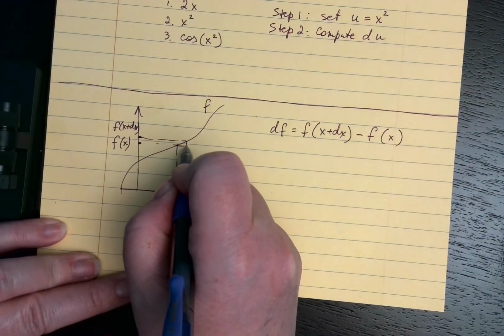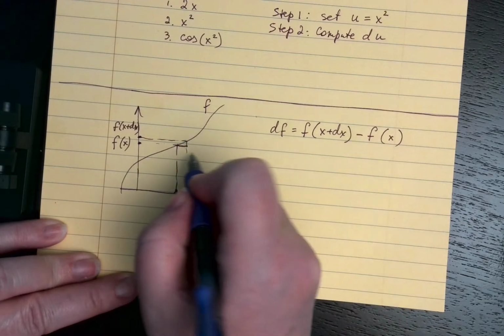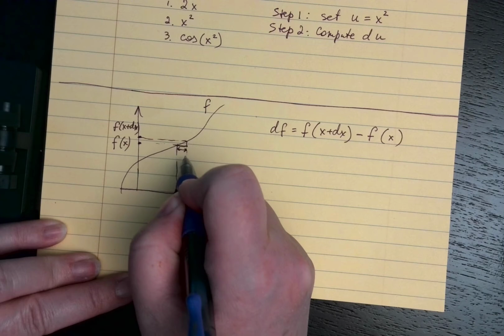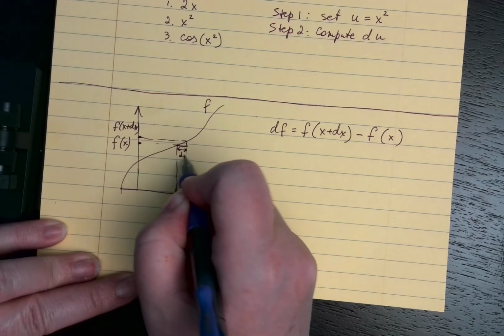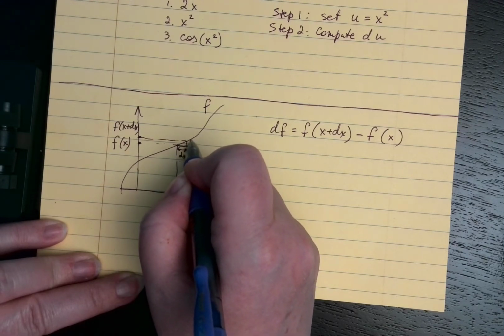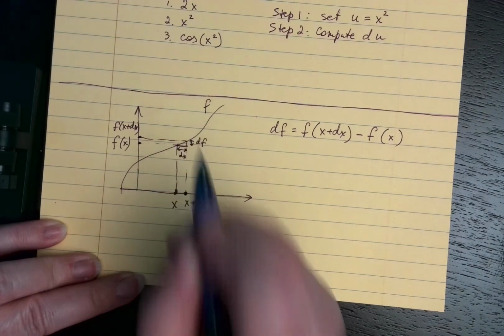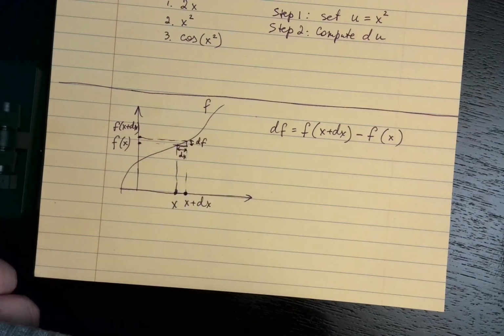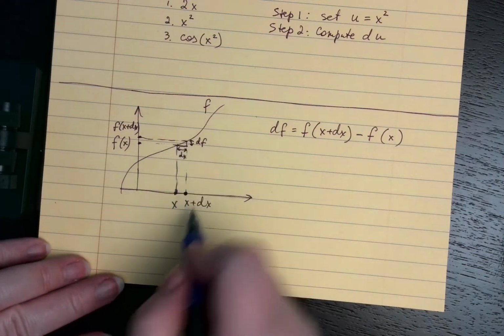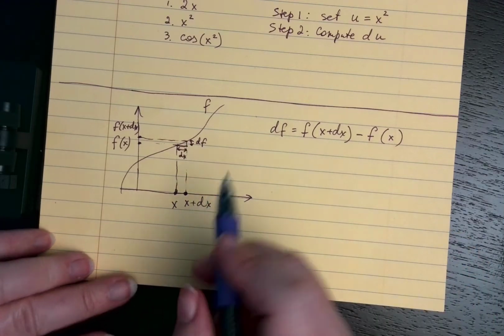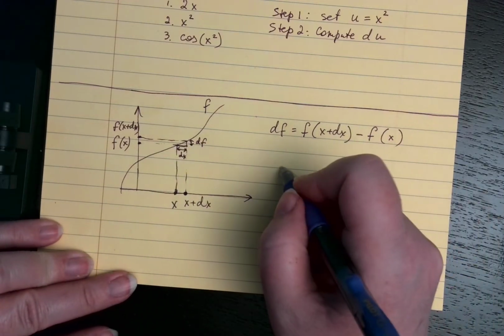So if we look at this triangle, which is a right angle triangle, this side is dx, that side is df, and this side is what? It's the tangent line, right? Because dx is very small, so we really have a triangle.